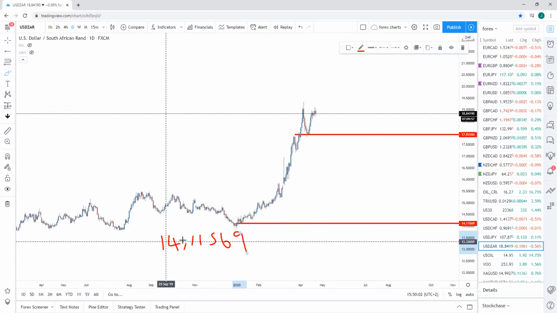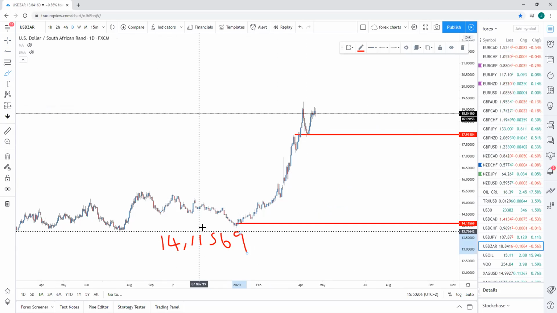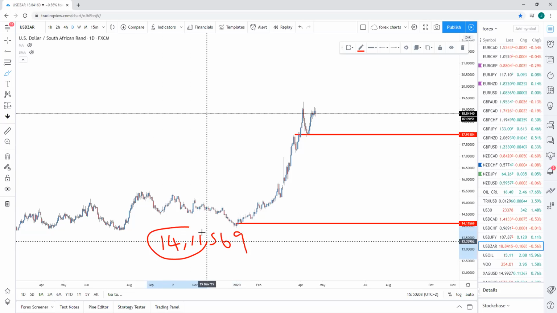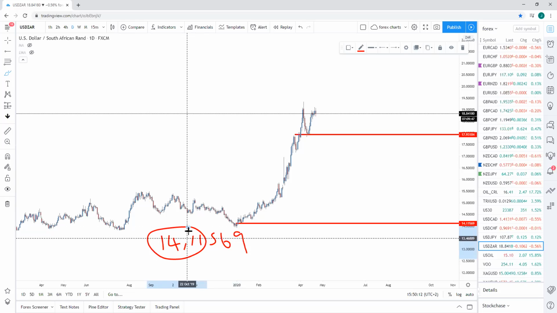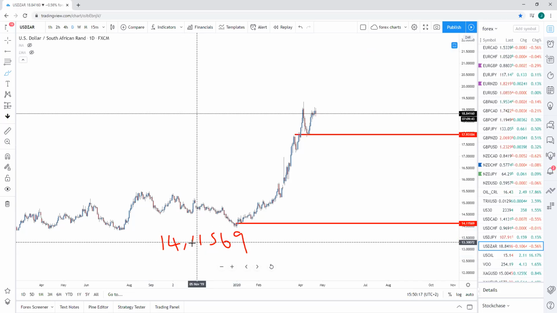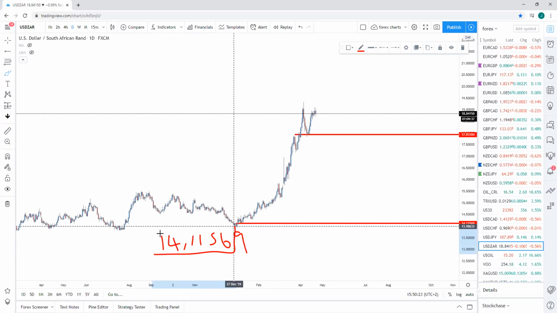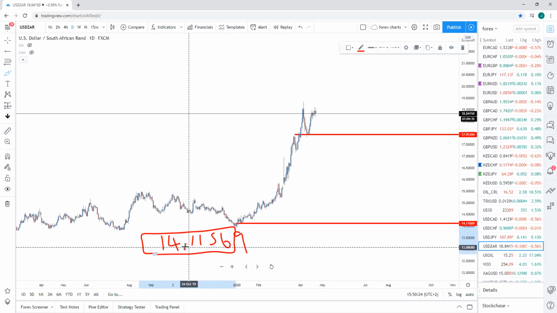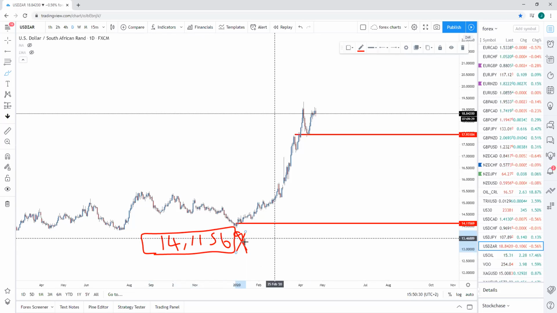In reality, we're only using the first digits after the comma, to make it easier, 14 rand 11 cents. But in Forex, we use the first 4 numbers after the comma, and the last number we don't use at all, in any of the pairs.